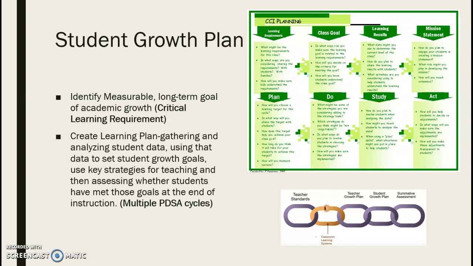And I say multiple because you want to make sure the goal you're setting is not just a short-term goal, but a longer-term goal that really shows your teacher impact on our students' growth. So with multiple cycles, you can also look at what's working well and make adjustments to your teaching plan through the PDSA cycle to ensure that students are meeting that goal.